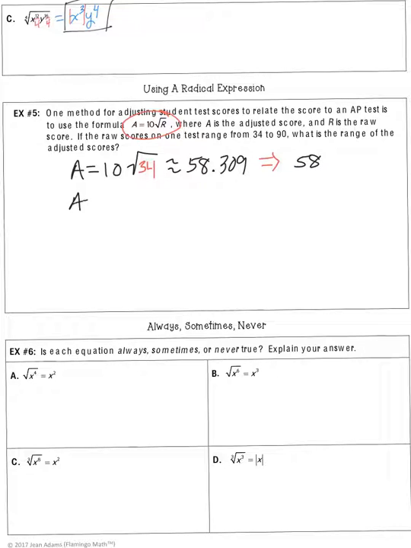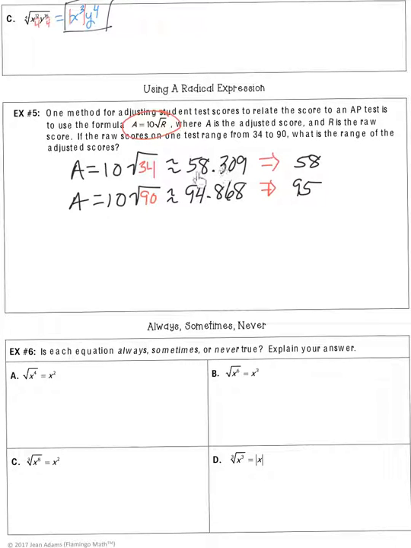Then you're going to plug in your second raw score, which was 90. If you throw that into your calculator, you get another decimal, 94.868, which rounds to 95. So remember your rounding rules. If I'm rounding to a whole number, look next door. If this number is 5 or higher, it bumps this one up.